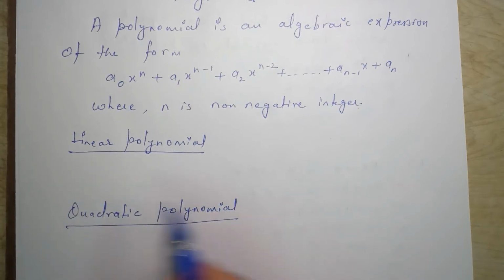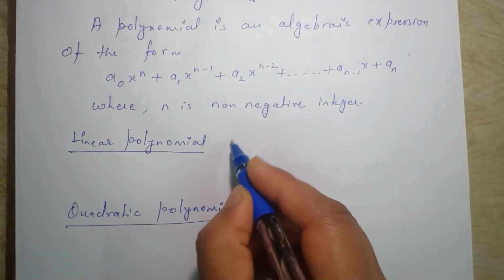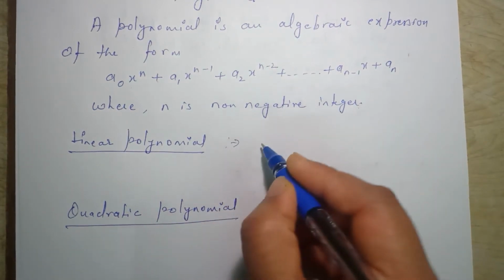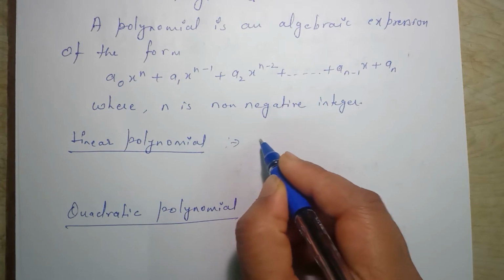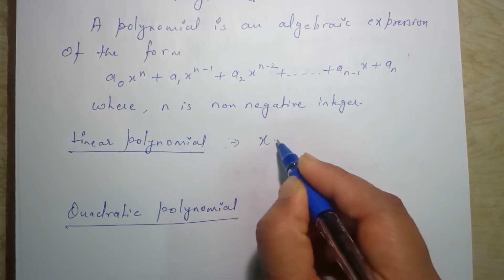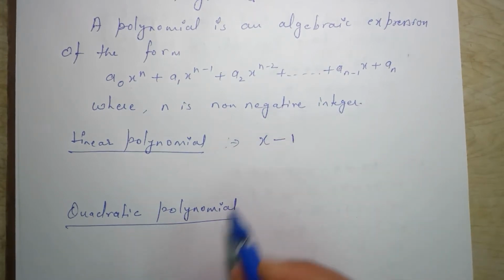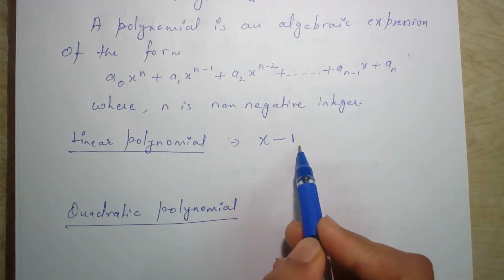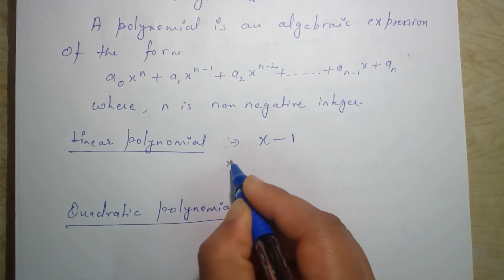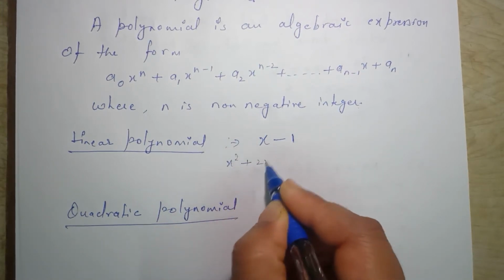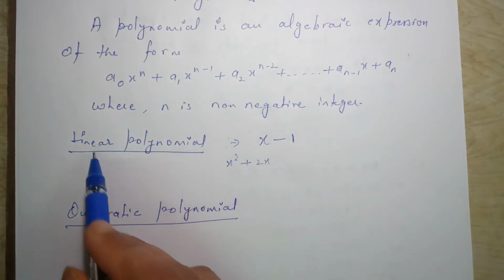We very well know that linear, quadratic, and cubic polynomials are classified on the basis of the degree of the polynomial, meaning the highest power. Suppose I take the example x minus 1, then it is called a linear polynomial. If I write x square plus 2x, then this will not be called linear. Why?